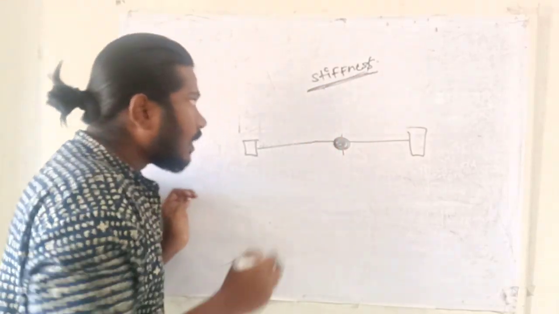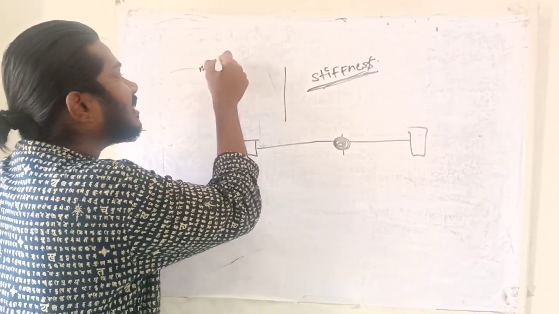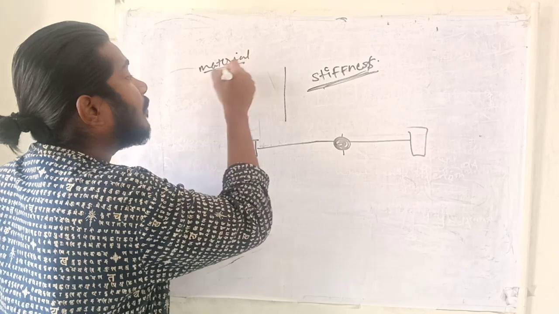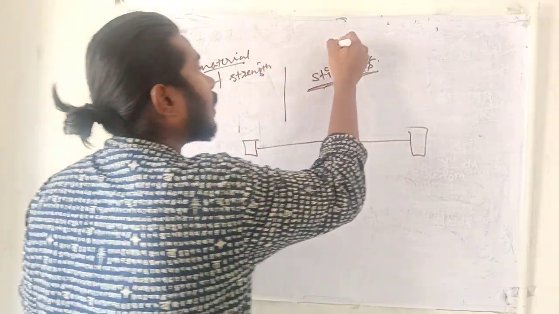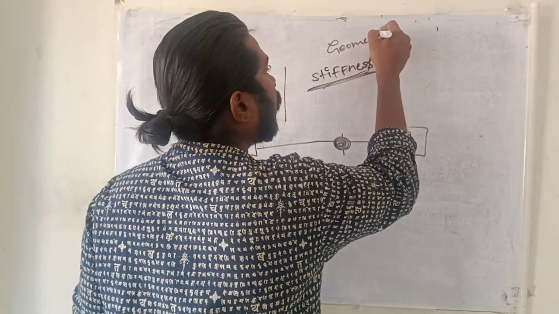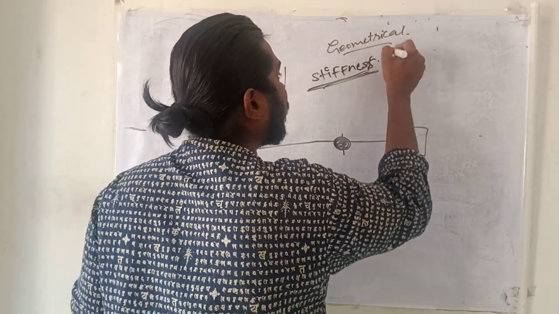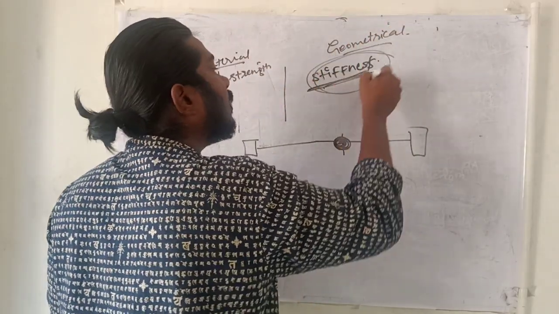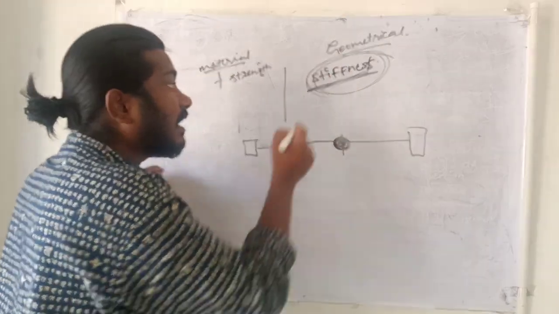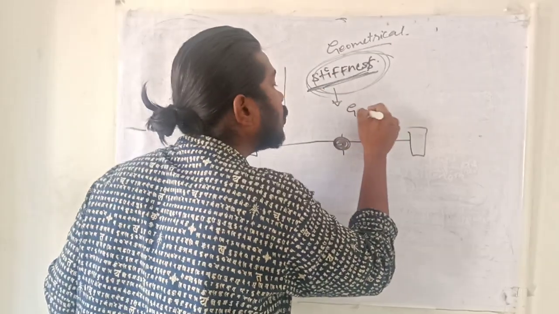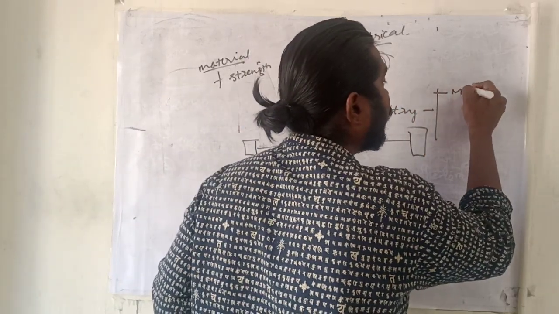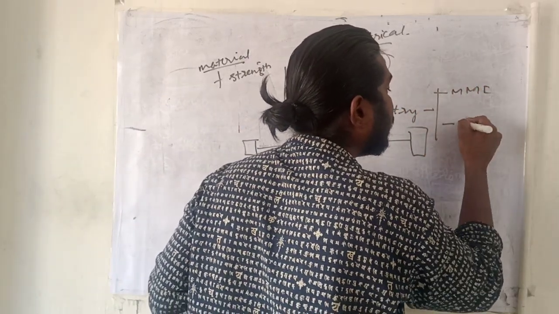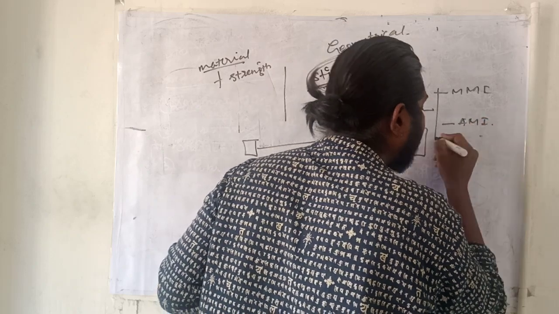So when we talk about material selection, we will be discussing the strength of the material, while when we talk about the geometrical interpretation, we have to consider the stiffness. Stiffness depends on the geometry, and to find the geometry we have to work on the moment of inertia, the area moment of inertia.